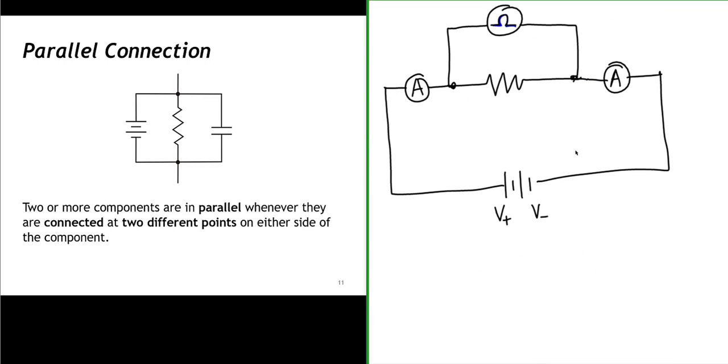Now in the circuit that we drew previously, notice this connection here. Let's add some nodes. So I'll add a point in between the battery and the ammeter on the left. And I'll add a point between the battery and the ammeter on the right.